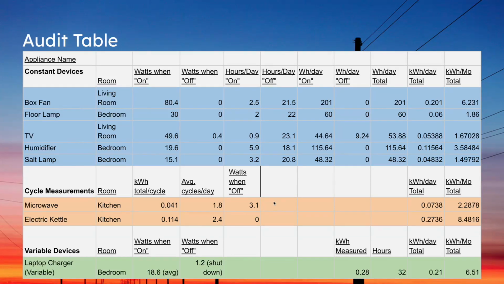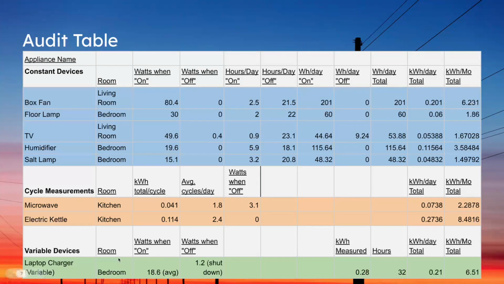And for the laptop charger, I measured the total kilowatt hours over the course of 32 hours, which ended up being 0.28 kilowatt hours. I divided that by 32 to get the kilowatts per hour, and then multiplied that by 24 to get the kilowatt hours per day total, and then times 31 for the amount per month.